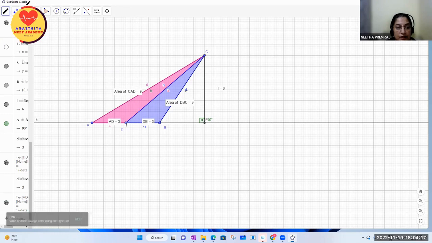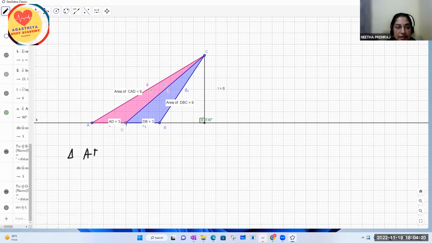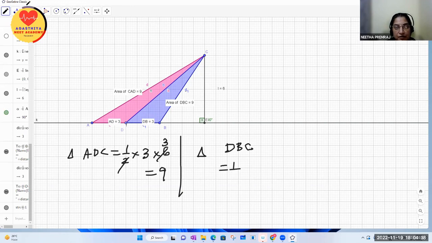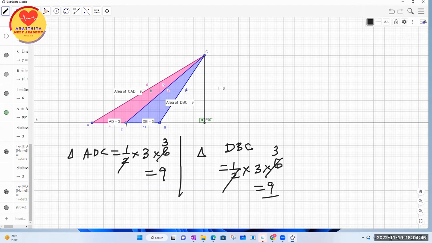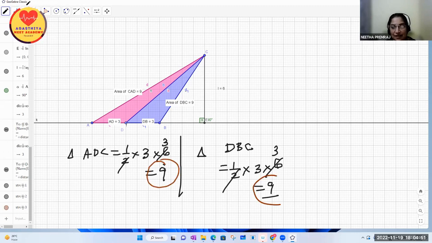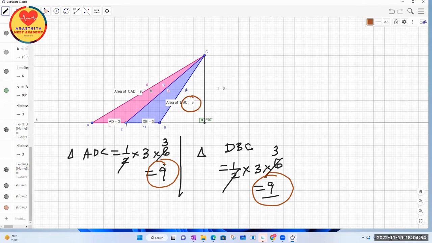For triangle ADC, half base into height: half into base 3, height 6. If you simplify, 9. Then triangle DBC, again half into base into height. Answer is 9. Both are matching, guys. Are you clear with the height? Yes, ma'am.